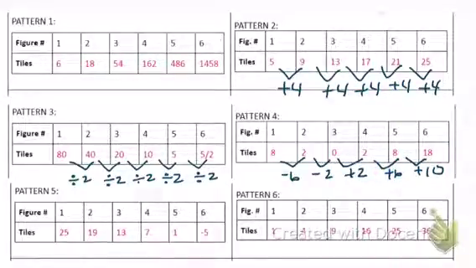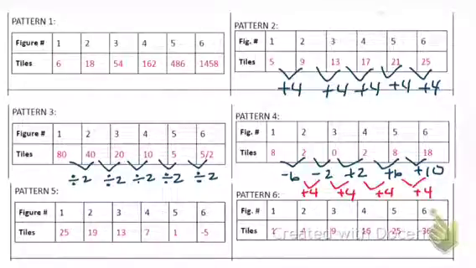So between negative 6 and negative 2, you're saying negative 6 plus 4 would give me negative 2. Negative 2 plus 4 would give me 2. 2 plus 4 would give me 6. So the number that we're adding is growing by 4 each time.